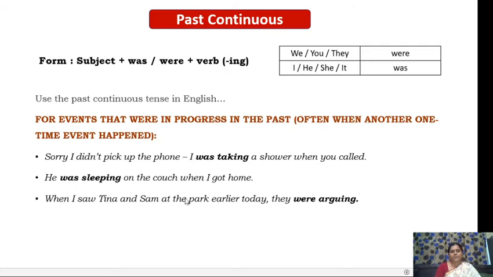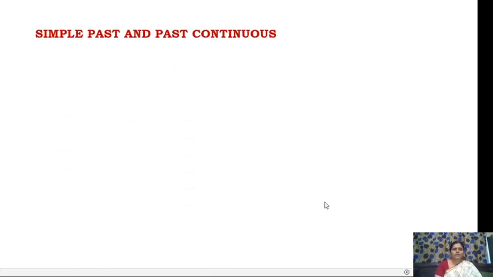Two things happened. One was in progress, the other was done. "When I saw Tina and Sam at the park earlier today, they were arguing." I saw what was happening then. They were arguing. So for events that were in progress in the past, we use past continuous. So what is the difference?